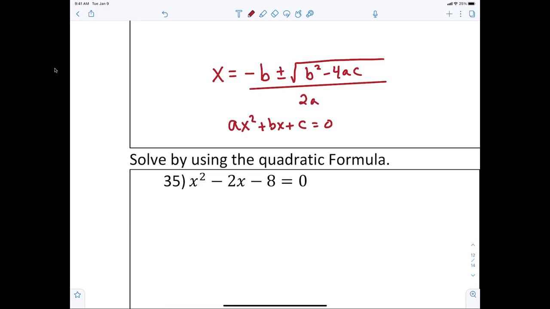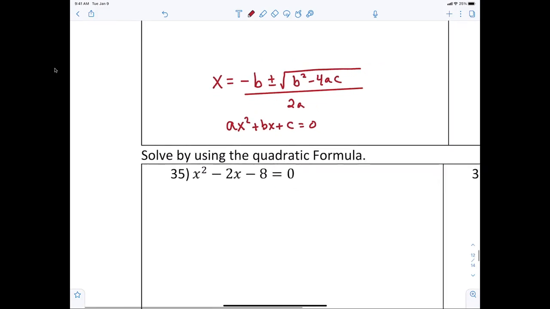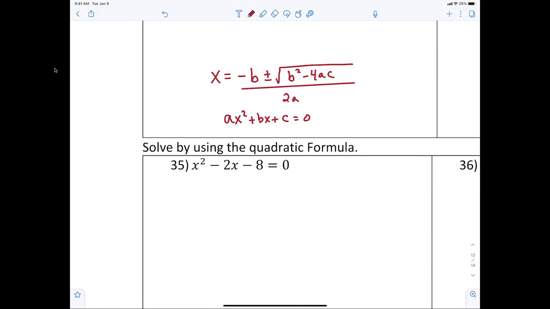So I'd like everybody to take a look at number 35. If I told you to solve that by using the quadratic formula, would you? There's no reason. I would never ask you to do something that's going to take a long time. If you can just look at it and tell me the answer, that's the objective. Get the answer. If you use the quadratic formula or if you factor, will you get the same answer?